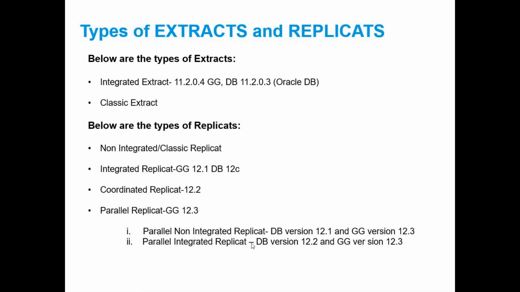So basically the first two replicats which you saw, non-integrated and integrated, are now part of parallel replicat. So you have parallel non-integrated replicat and parallel integrated replicat. What parallel replicat does is it runs multiple threads of the same process.